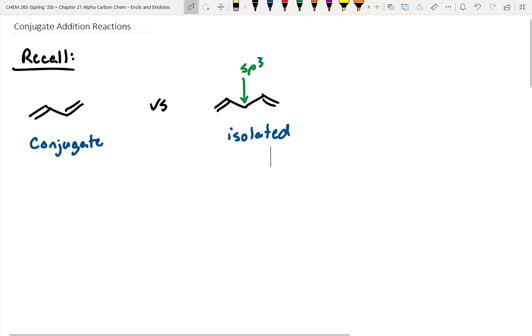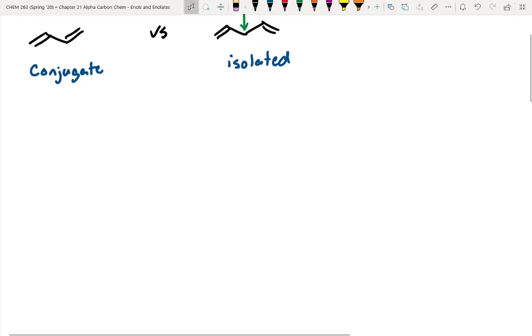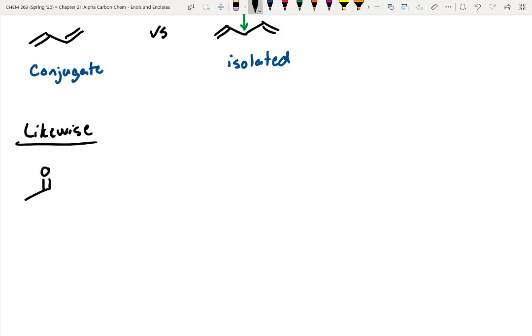All right, so let's take a look at how this impacts what we've recently been learning about. Well, we've actually seen a number of these conjugated systems in this chapter without realizing it. So for example, when we did aldol condensations, we made alpha, beta, unsaturated aldehydes and ketones, right?